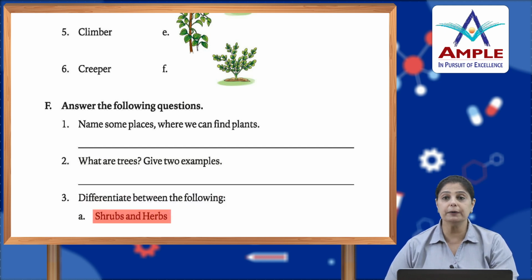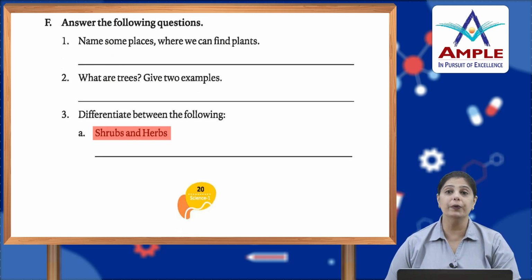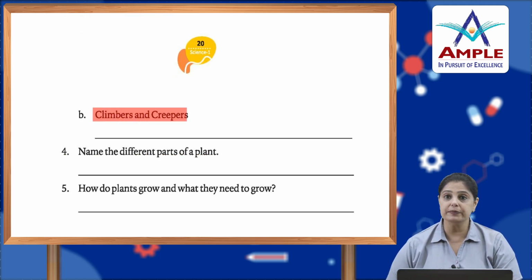Now, you have to differentiate between the following: shrubs and herbs. What is the difference? Shrubs are small, but they are strong, and herbs are small and weak, okay. Their stems are weak and shrubs have stronger stems.